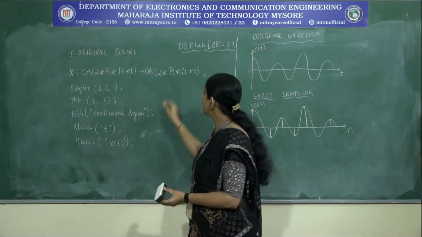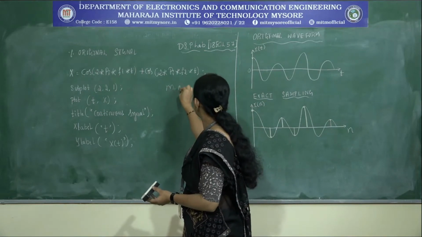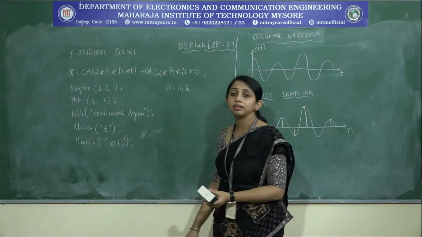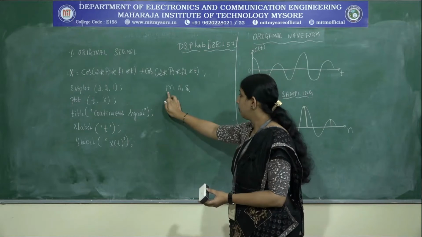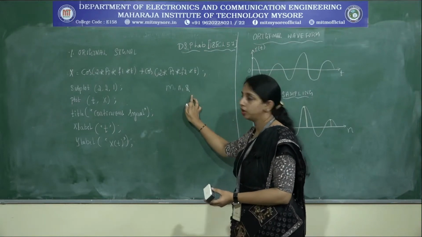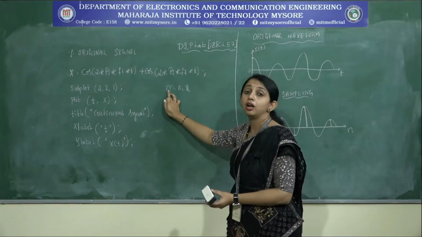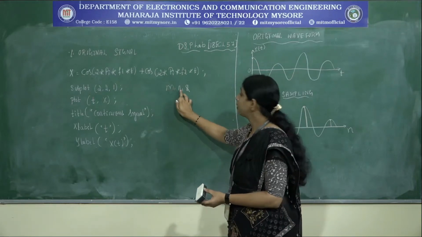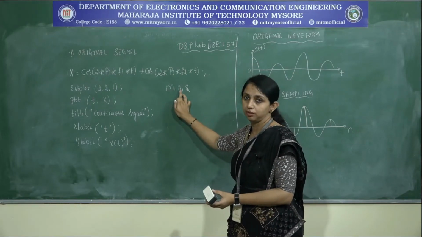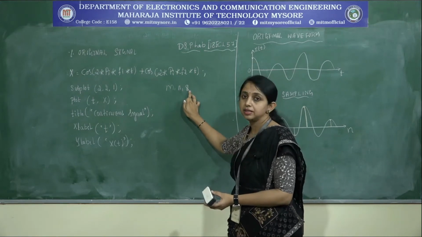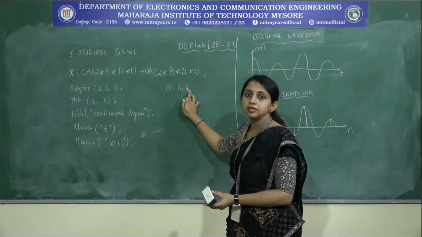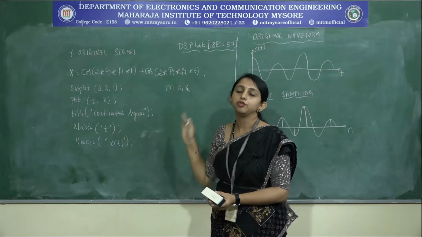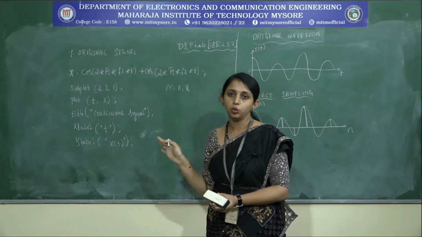I will tell you what the subplot equation is. This standard equation of subplot includes three parameters, m, n and q. What is m? It is the number of rows. What is n? It is the number of columns. q represents the quadrants. Since I am representing four waves, I need four different quadrants.